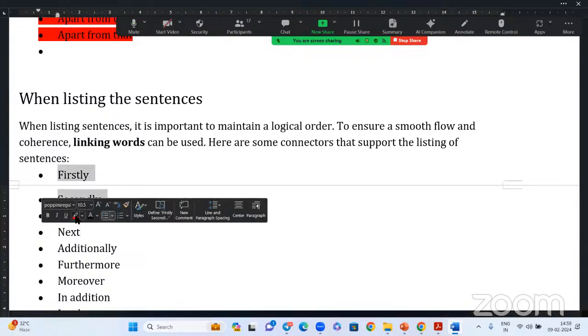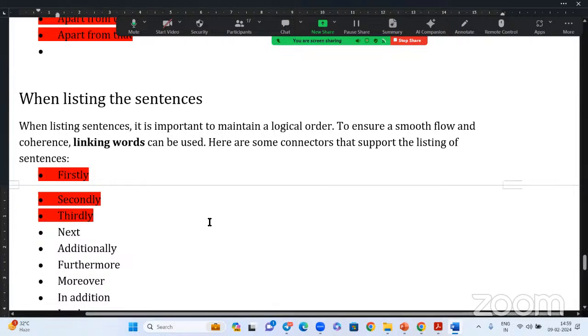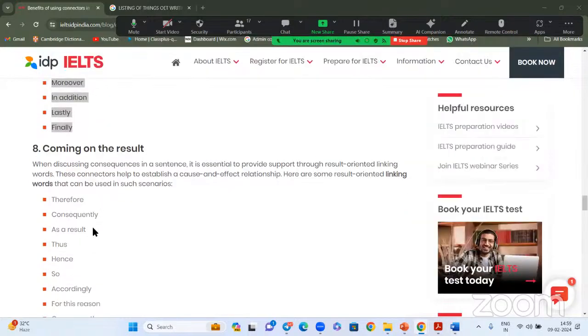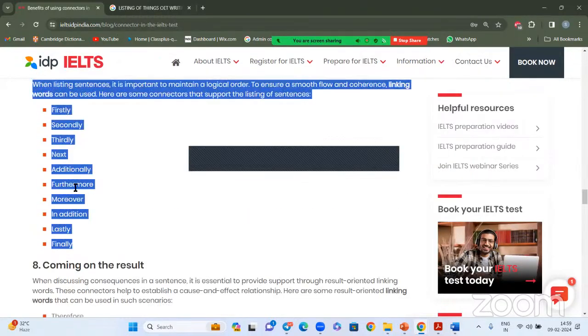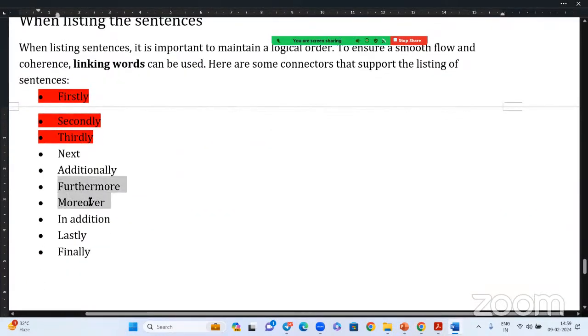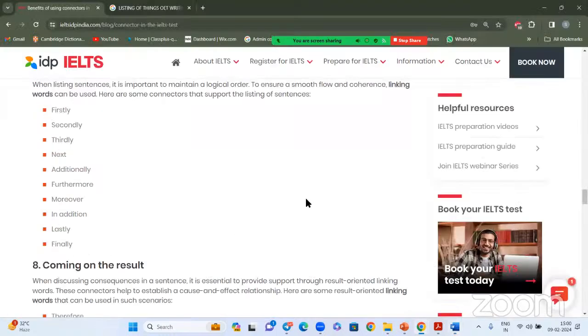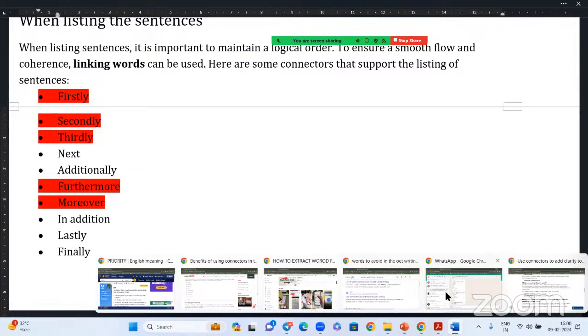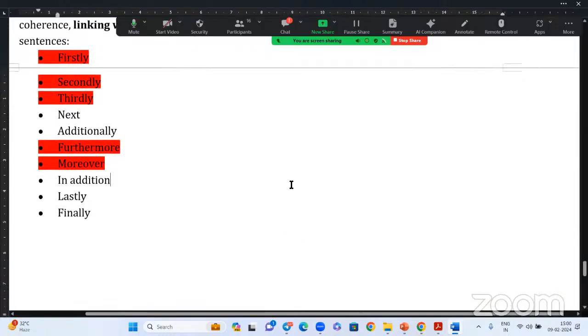Avoid using firstly, secondly, thirdly, because OET has already told us not to use those things. The next one, you should also not use these words: furthermore, moreover. Next, additionally you can use, in addition you can use, lastly, finally you can use. See whichever you can use, you can check and you can write.